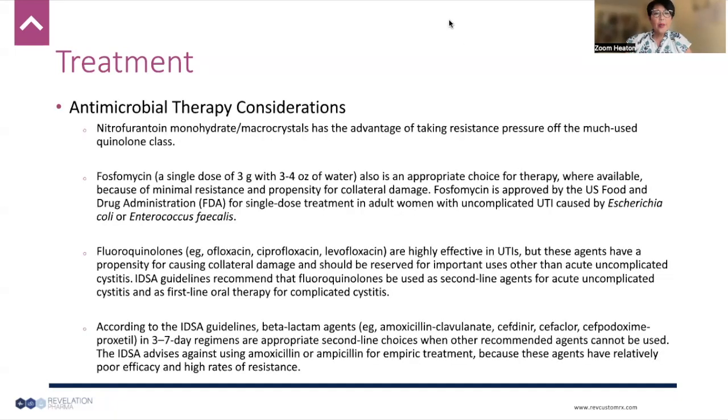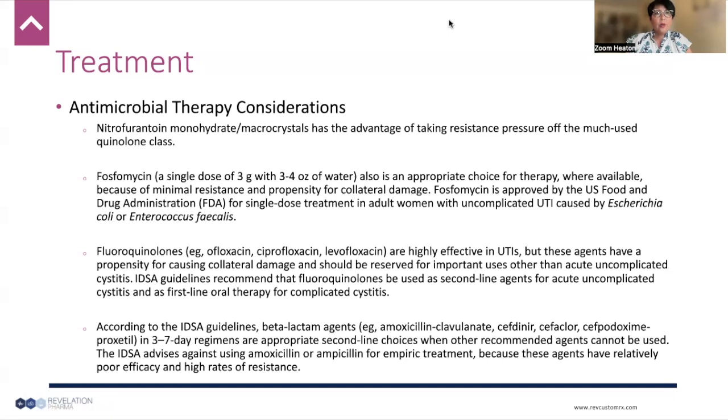Other antimicrobial therapy considerations. Nitrofurantoin macrocrystals has the advantage of taking resistance pressure off the much-used quinolone class. In a 2009 analysis by Olson et al., 29.6% of 176 urinary isolates of E. coli studied were resistant to Bactrim, and none was resistant to nitrofurantoin macrocrystals.